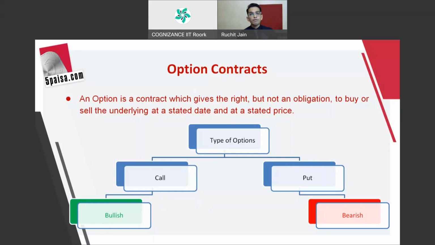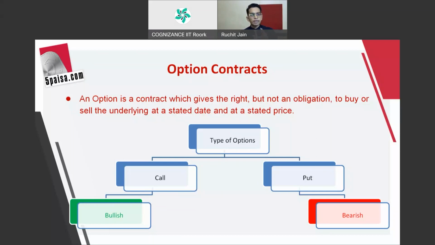This means that if your view is bullish on any stock or on the Nifty or on the Bank Nifty, then what you have to do? You have to go and buy a call option. Because if Nifty's price goes up, then its call option prices will also go up. So if you have bought a call option, Nifty goes up, the call option prices go up, you can make profit through that. Similarly, put option means bearish, right? I am taking the example of Nifty.